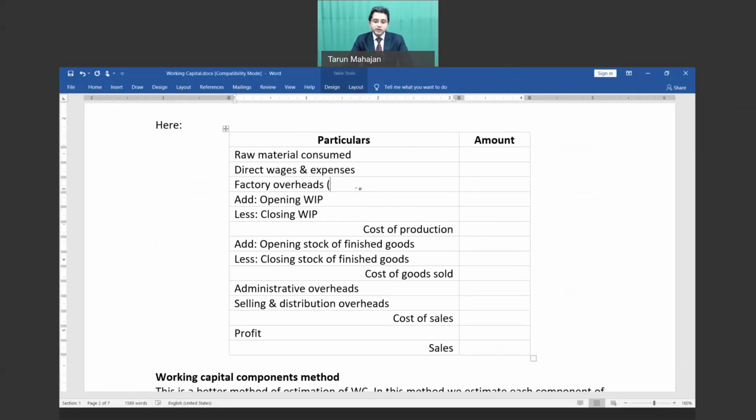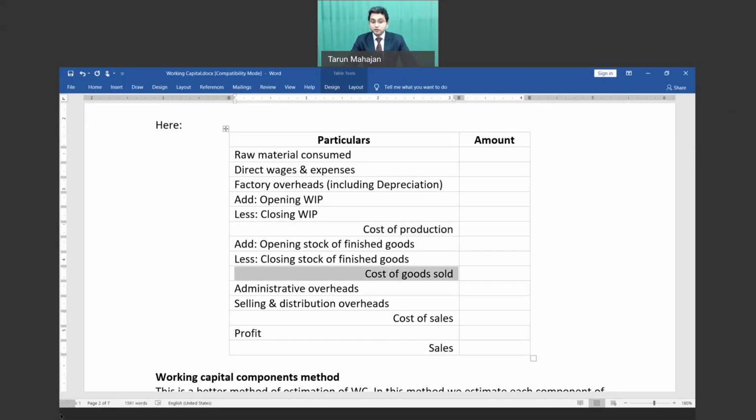Factory overhead usually includes the amount of depreciation, right? And finally, the amount of sales. So depreciation is included here. Depreciation is part of cost of production.